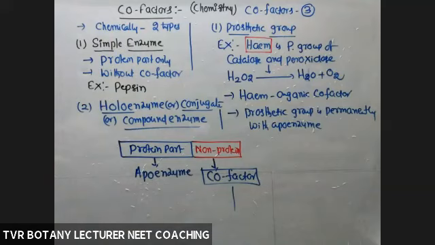A prosthetic group differs from other cofactors in that it is permanently attached to the apoenzyme part of those enzymes. Even in the absence of the concerned reaction, it is part of that enzyme only.